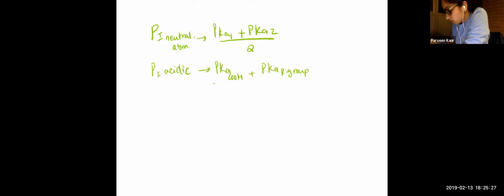If it's acidic, you do the pK of the carboxyl group with the pK of the R group, divided by 2. If it's basic, you do the amino group and then the R group.